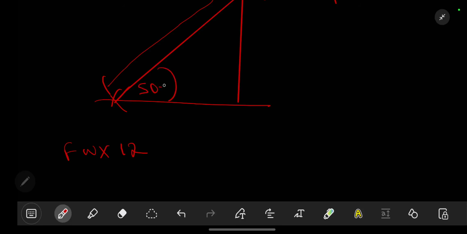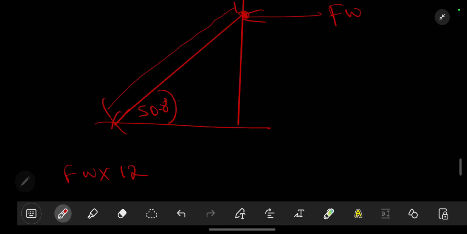Remember that we have found that this angle is 50.8 degrees. So this opposite side will be 12 sine of 50.8 degrees.